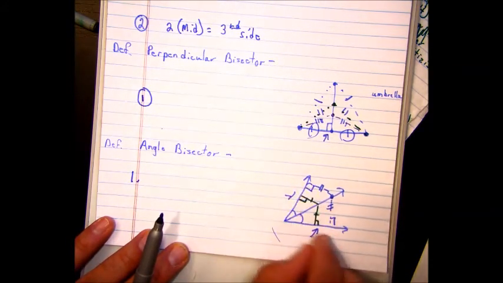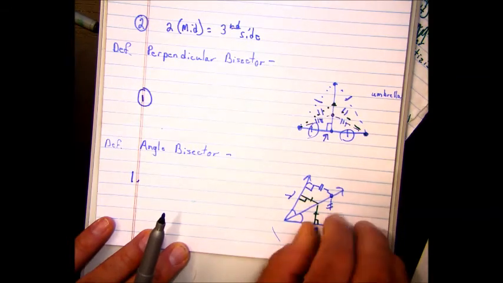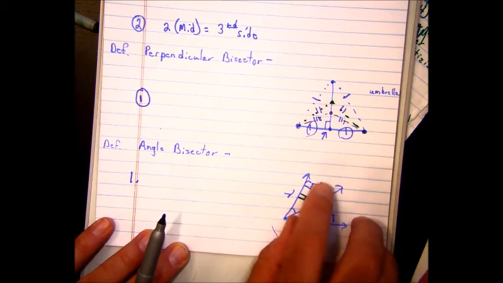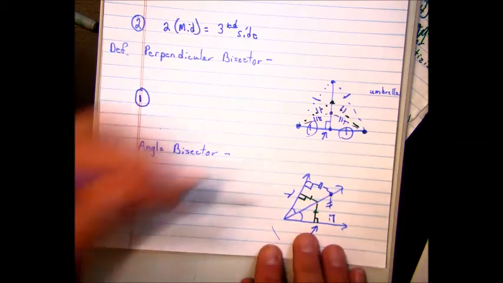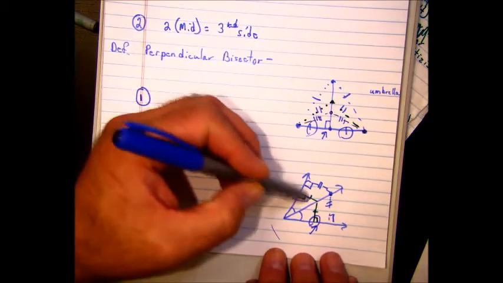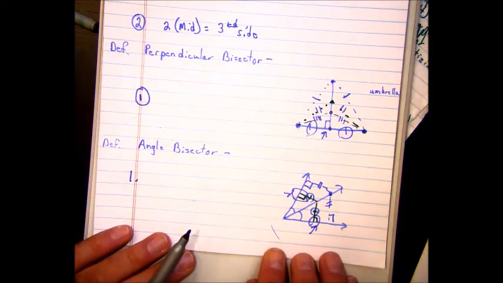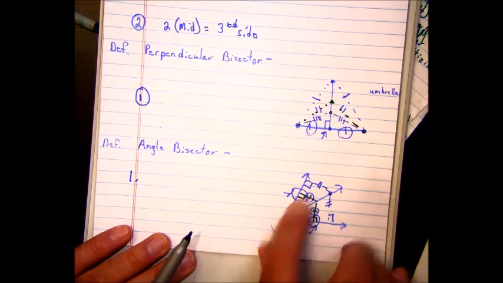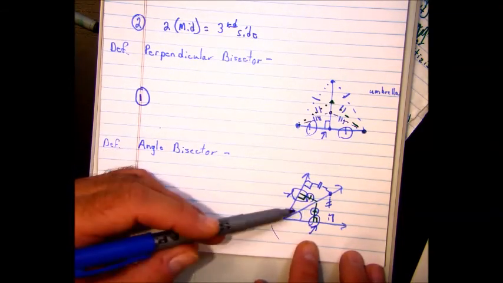So you're looking for one thing on the congruency marks so that you can use the other. So these two equations would be equal, or these two problems would be equal. But you're looking for this to help you, or you're looking for this to help you. So if you have this happening, then you can say the line here is a perpendicular bisector or angle bisector, and you can work backwards.